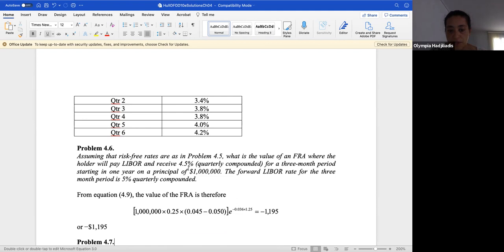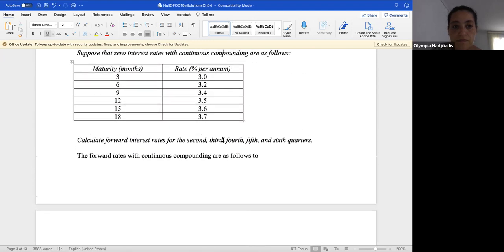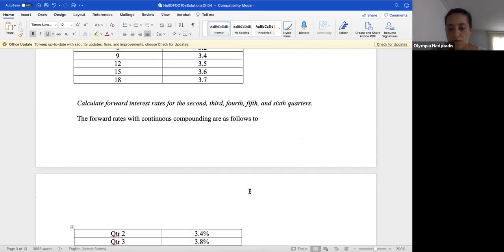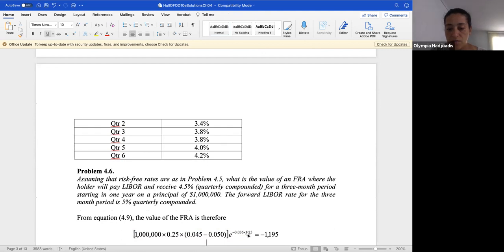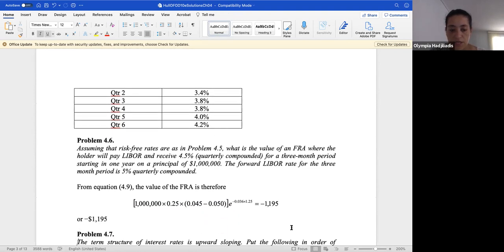So the difference between the 4.5% and the LIBOR, and you are discounting that to find its present value by 3.6%, which is over here. It's the 15-month zero rate. So you discount that by e to the minus 0.036 times 1.25, and you obtain minus 1,195.